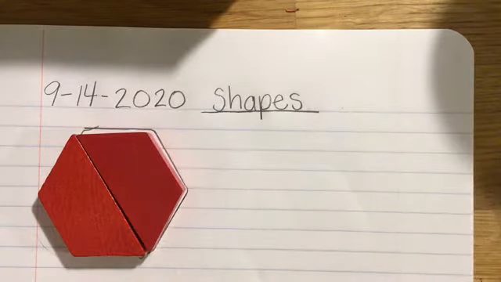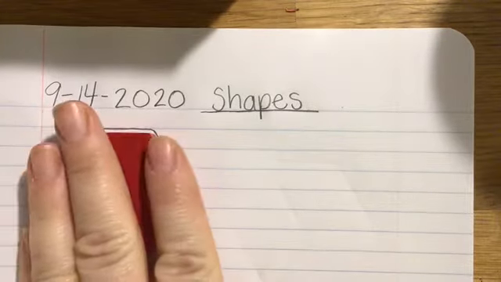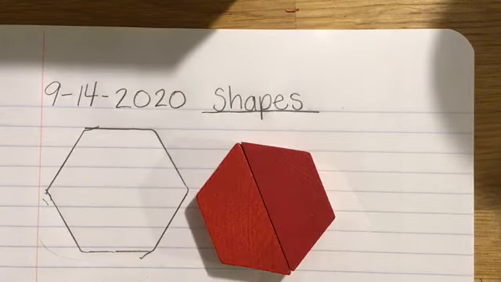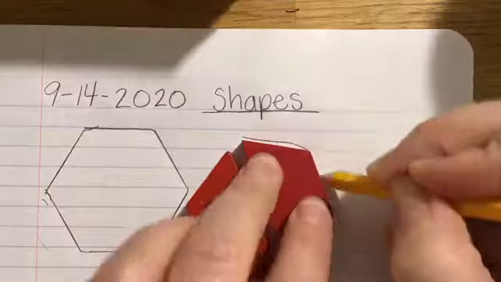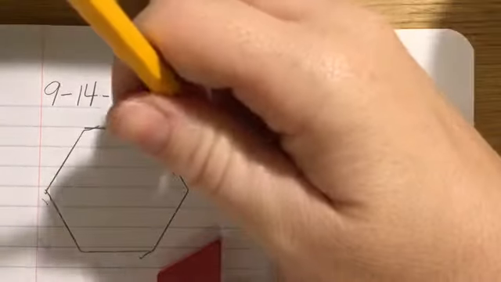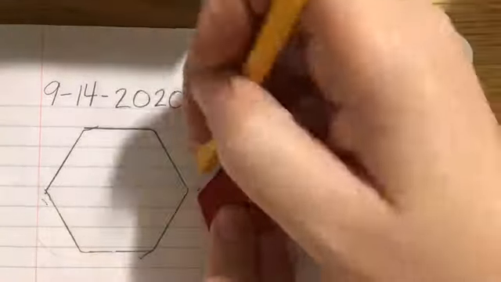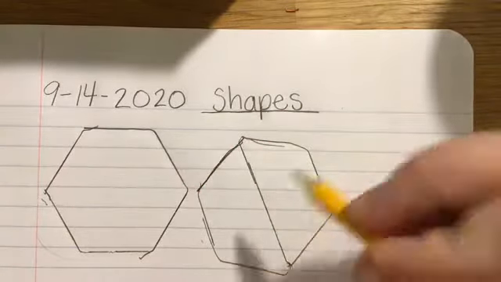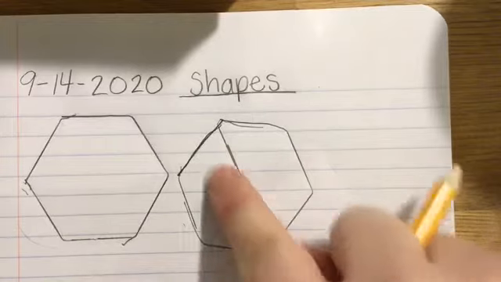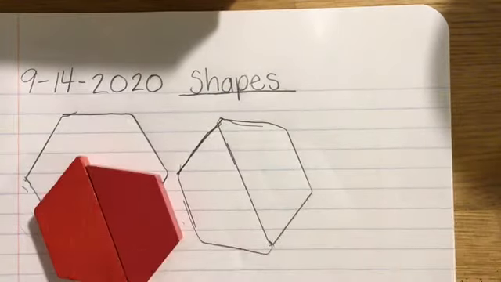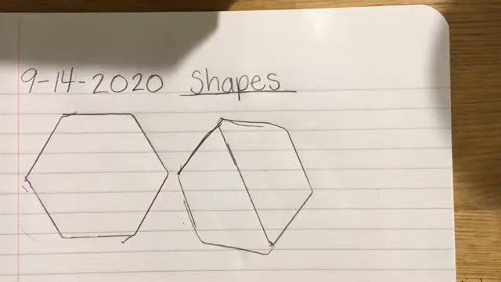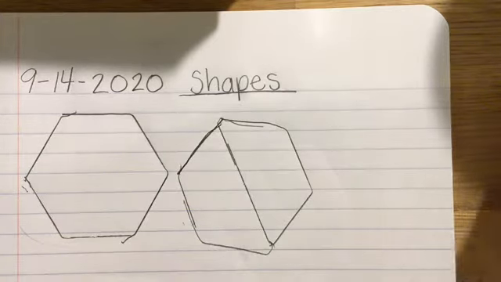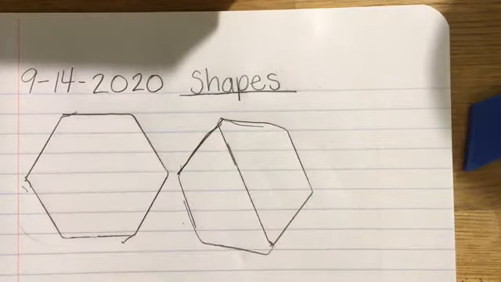When you find a combination of shapes, you're going to slide it out of your outline and trace the new shapes that you have. So here I have another hexagon made of 2 trapezoids. Let's see if we can find another combination of shapes that can fit into our hexagon outline.